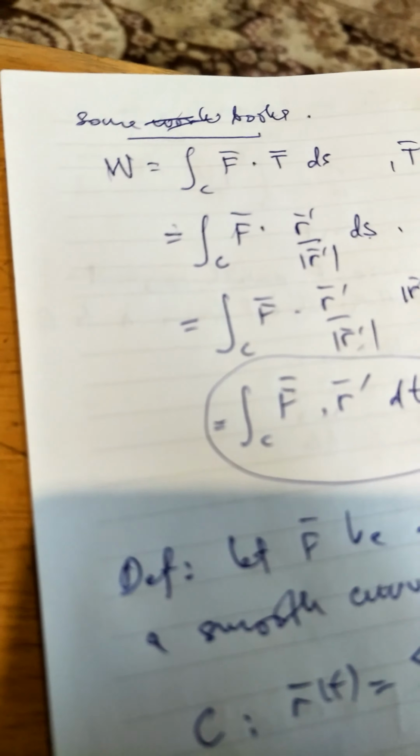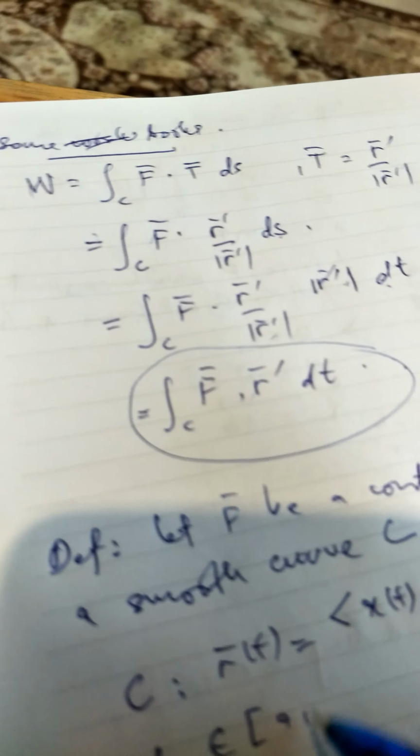These are the components of R, where t is in [A, B].